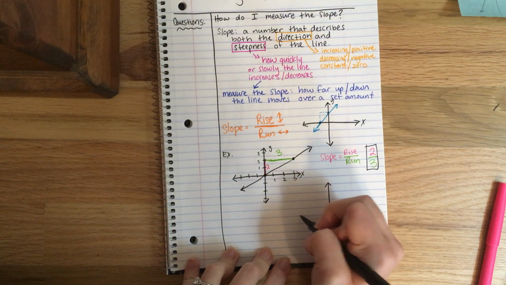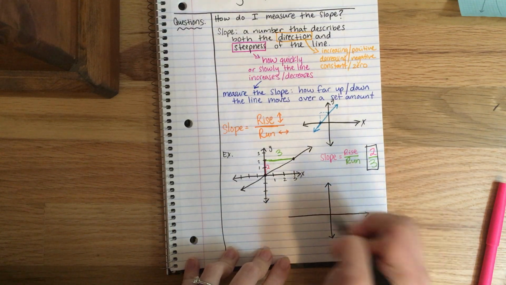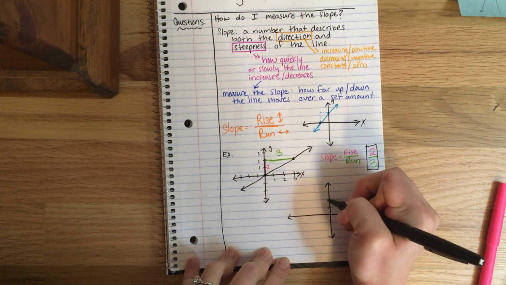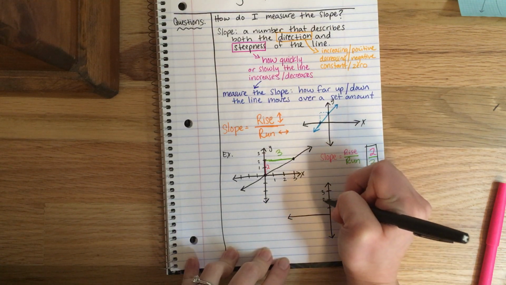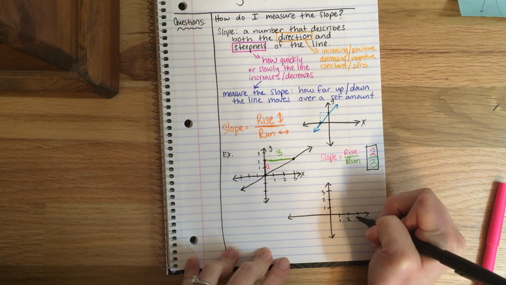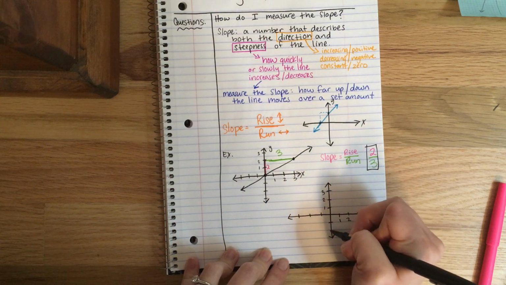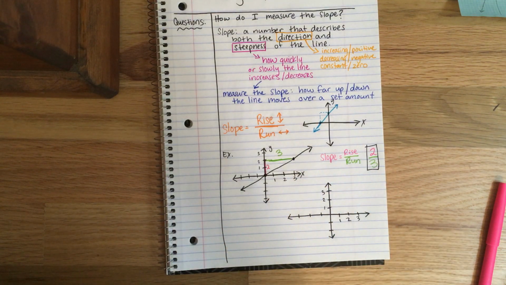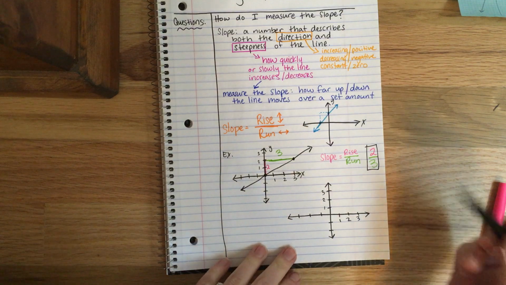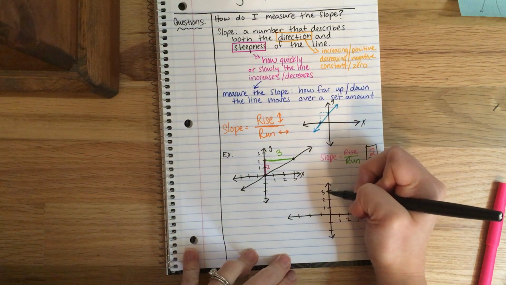So again, here's my graph. 1, 2, 3. 1, 2, 3. Make sure your graph looks like that. And then I'm going to put a point here at 0, 3.